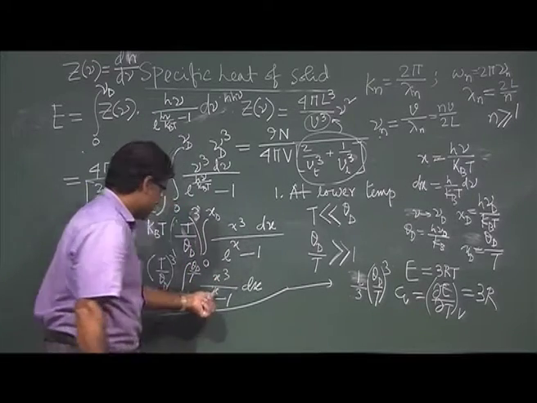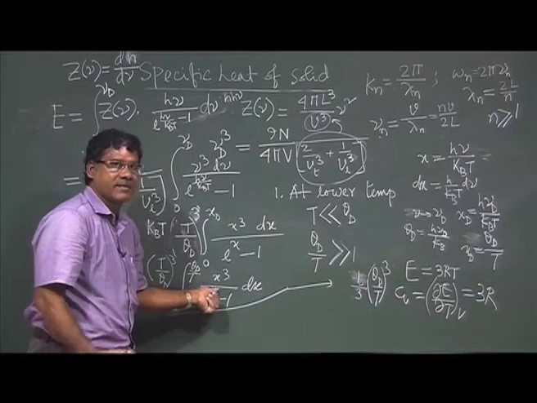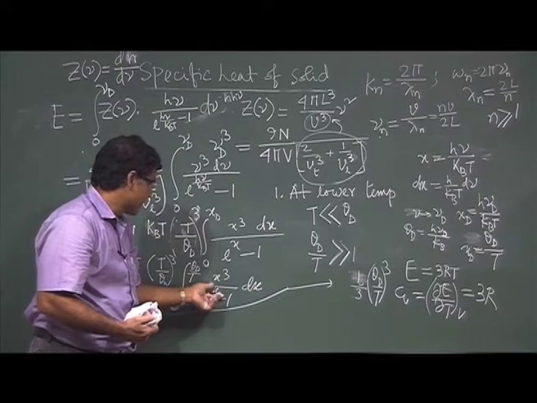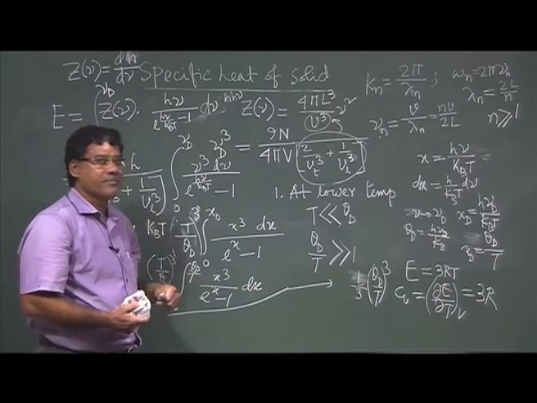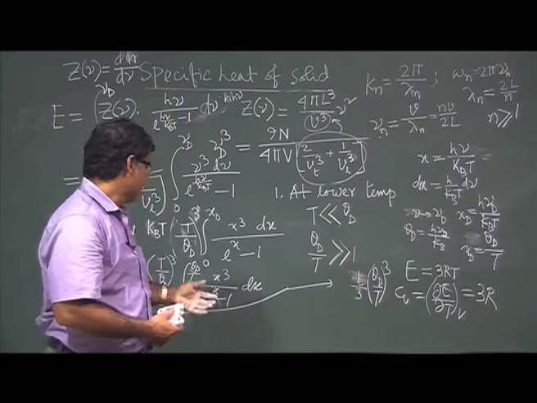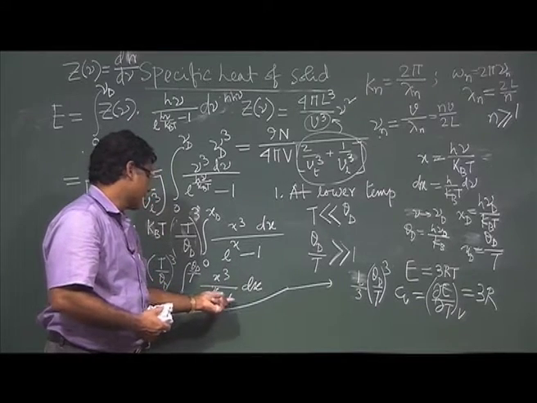So, e to the power x is very much greater than 1, so one can neglect 1.